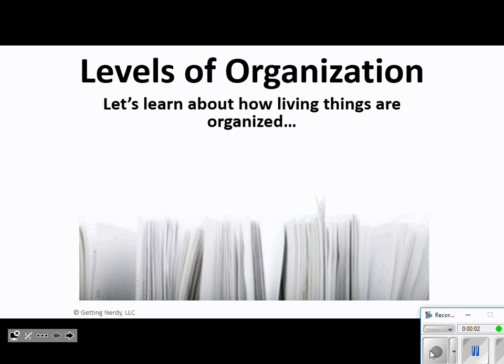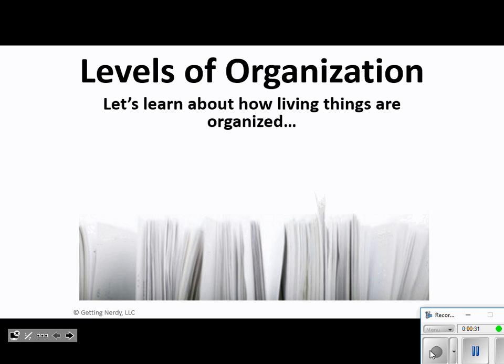Our previous discussion was over the characteristics of living things. We did our Diamond 4-door of the characteristics of living things. Today, our objective, ladies and gentlemen, is to organize the levels.